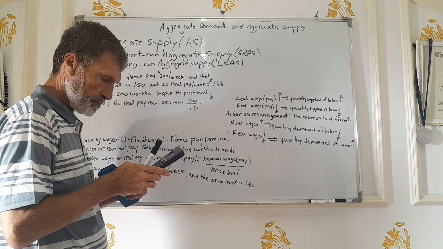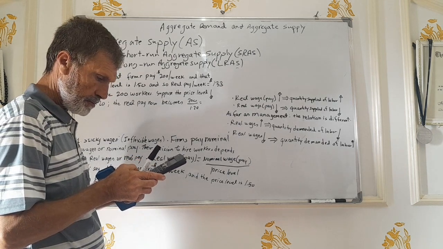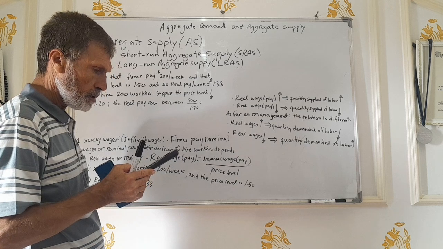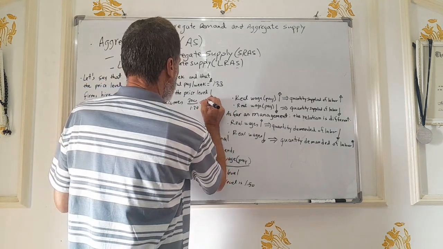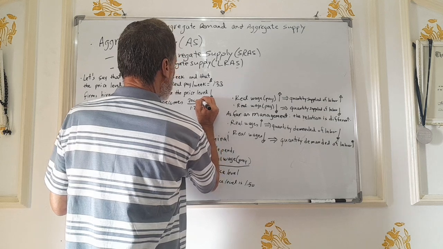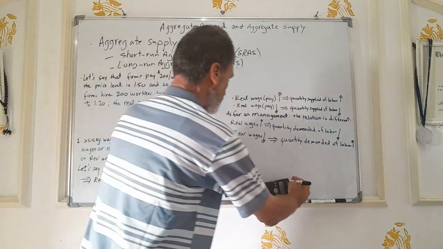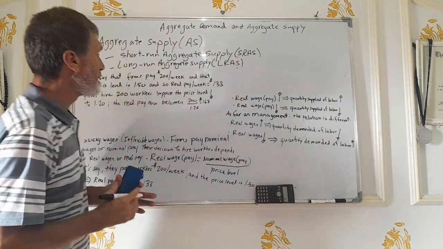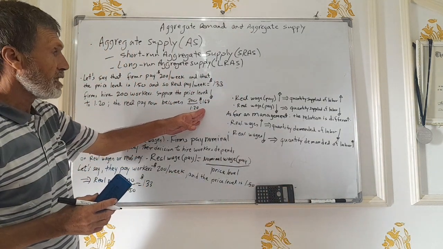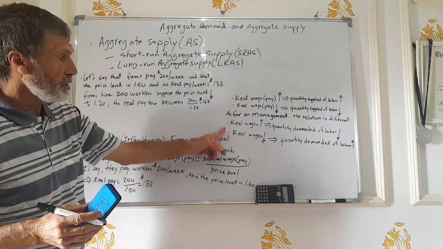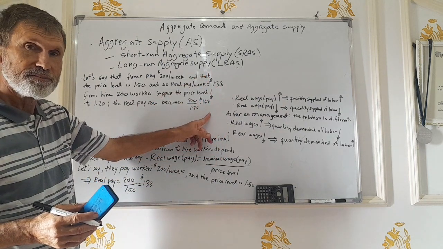which is equal to 200 over 120. We got 166, or $167. Okay, $167. Now, as you can see, real wage is much higher. So as we stated over here, when real wage goes up, what happens?